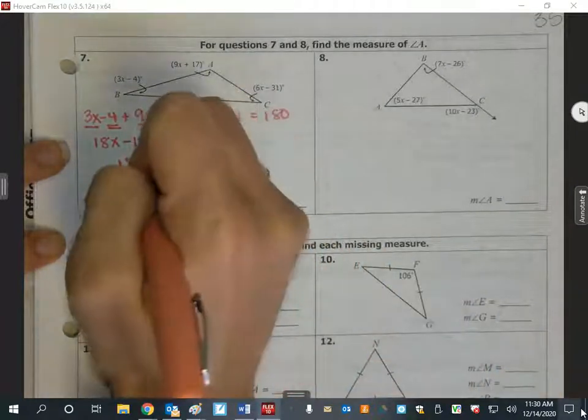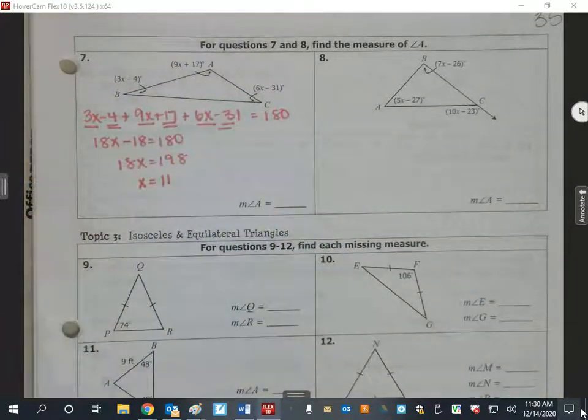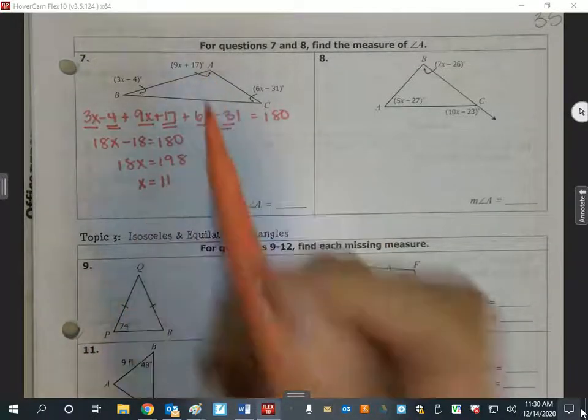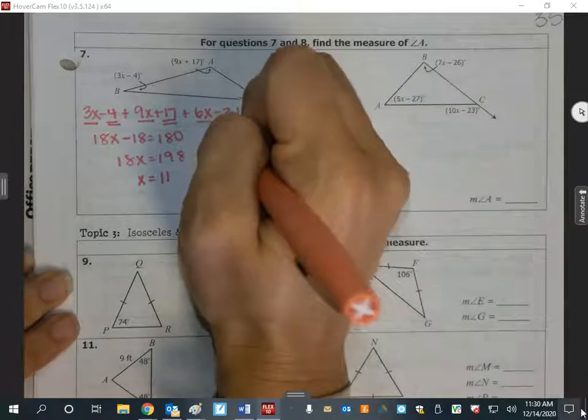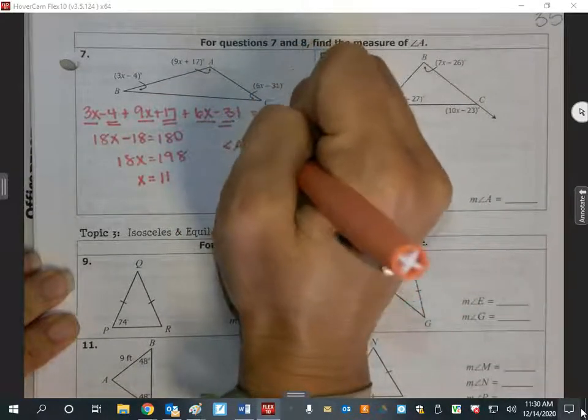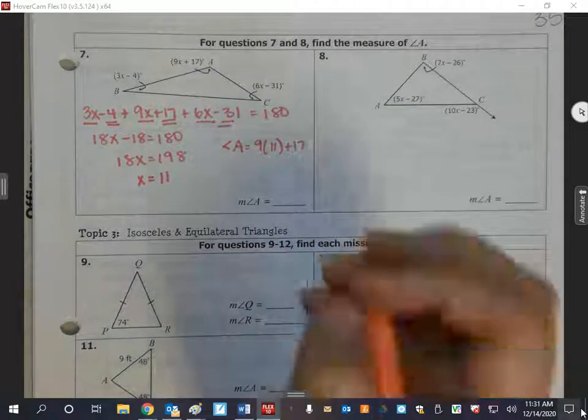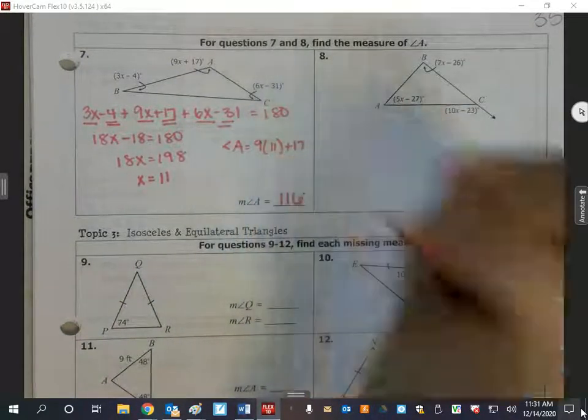And divide by 18, x equals 11. All right, we're not done yet. It wants the measure of angle A, so we plug that back into angle A. So angle A equals 9 times 11 plus 17. So angle A is 116 degrees.